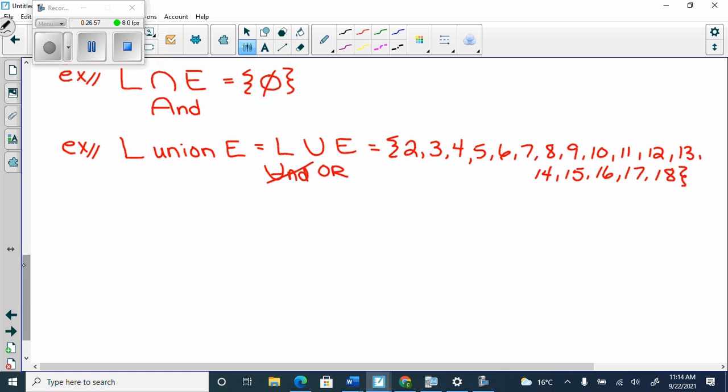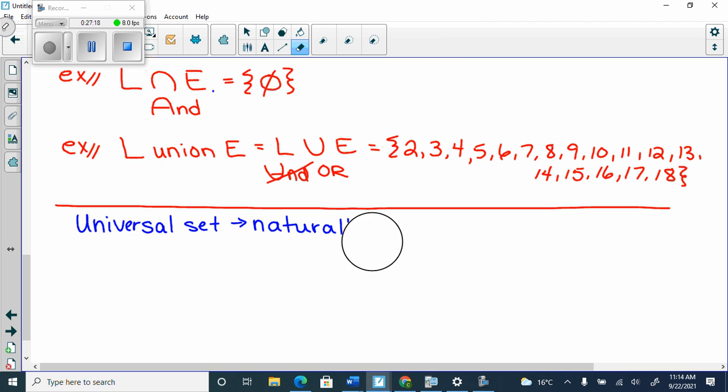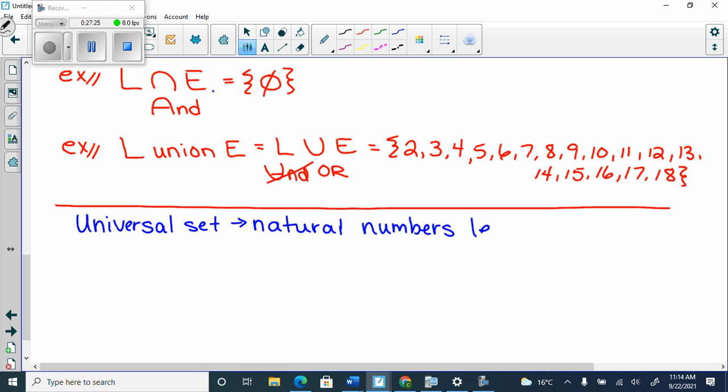Okay. So, this is another example. The universal set this time is the natural numbers less than 20. So the first thing you're going to do is list the universal set and all the numbers in it, right?